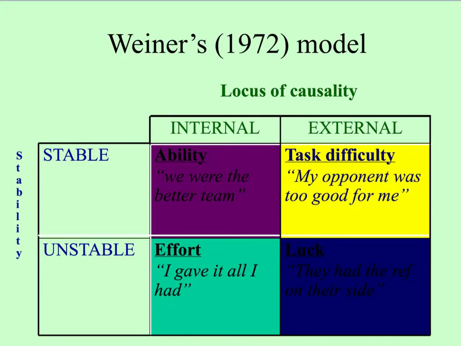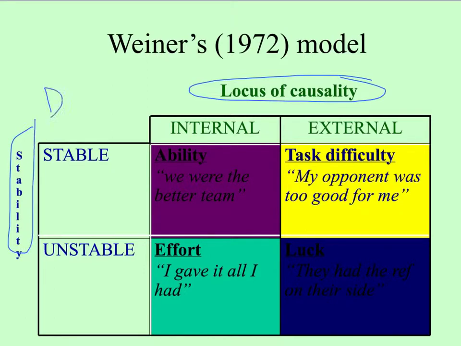So Weiner's model. Weiner's model looks at 2 dimensions. Okay, so the 2 dimensions are, one, locus of causality, and secondly, stability. So this could be potentially one question they might ask you about the dimensions.